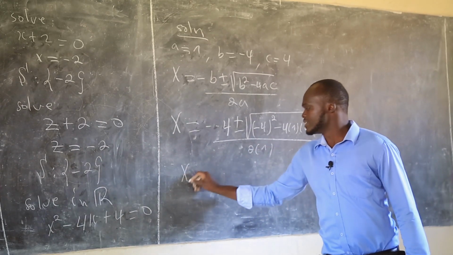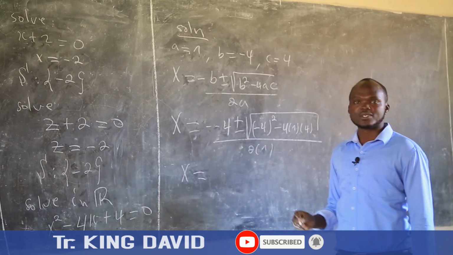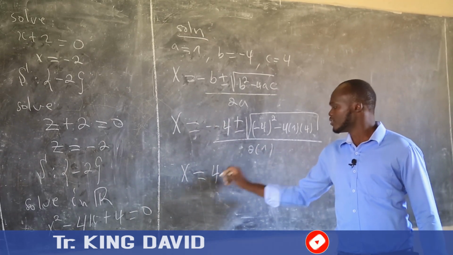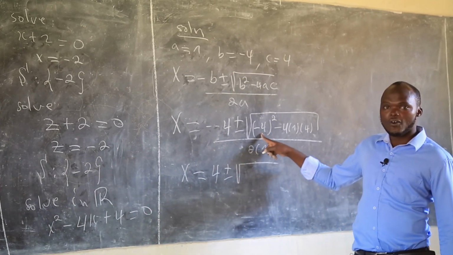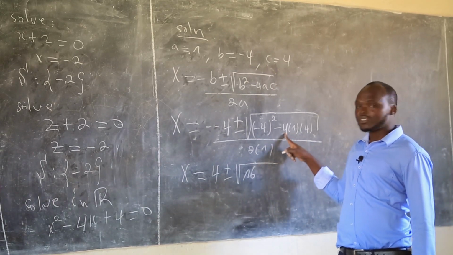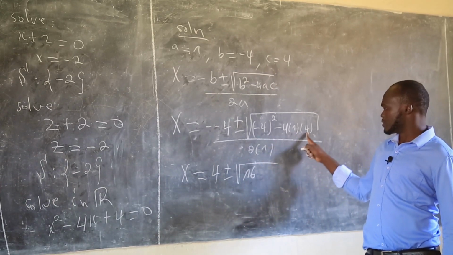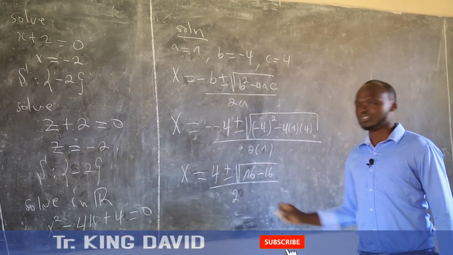So now negative, negative becomes positive. So that is positive 4 plus or minus the square root of negative 4 squared, that is 16, minus 4 times 1 times 4, that's 16, divided by 2 times 1, which is 2.